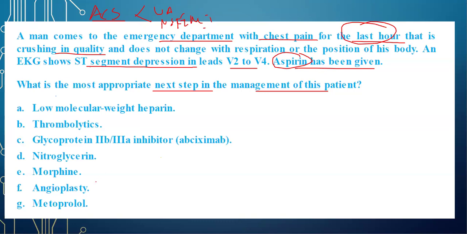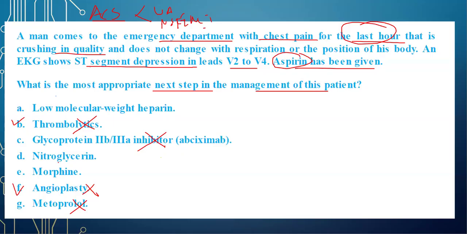So angioplasty is not our option in here. Metoprolol is not important at the moment. Thrombolytics is also not the ideal treatment for unstable angina or non-ST elevated MI. So both thrombolytics and angioplasty are only given in a ST elevated MI patient.